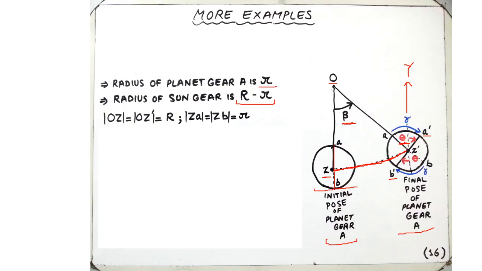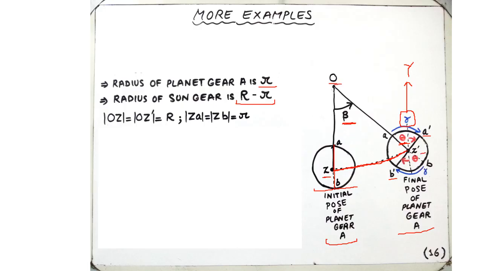However, note that the relationship between theta and beta is somewhat different in the textbook, in which they involve another displacement variable, that is gamma, which is the angle between the line A prime B prime and the line that radially connects the center of the Sun gear and the center of the planet gear.